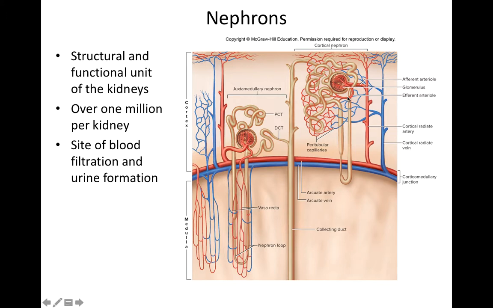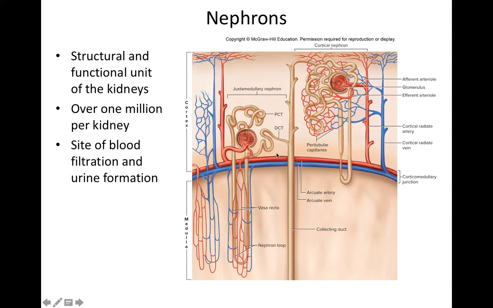So afferent means going in, efferent means coming out. And then it's going to branch into one of two capillary networks depending on what type of nephron. If it is a cortical type nephron, it branches into this paratubular network. If it is a juxtamedullary nephron, it branches into this network called the vasa recta.